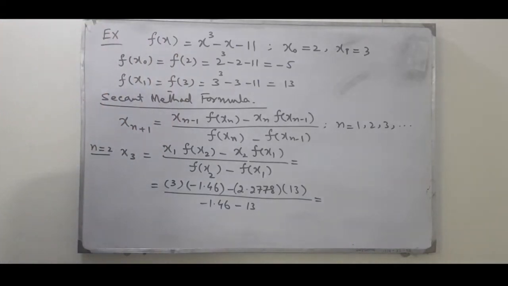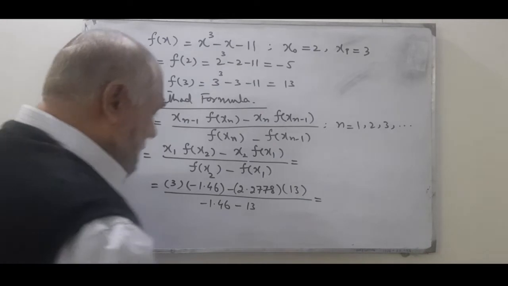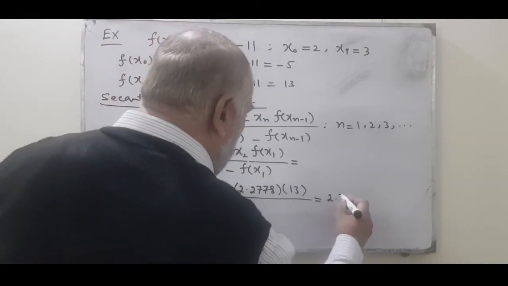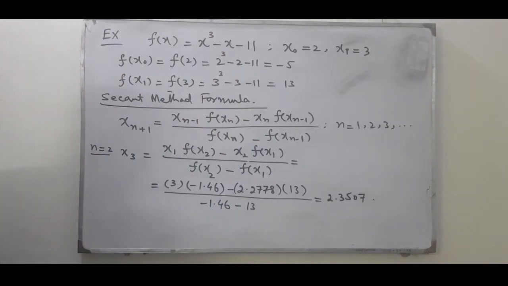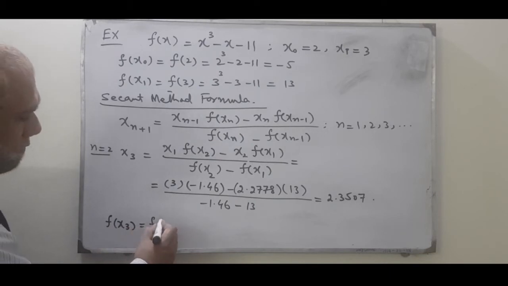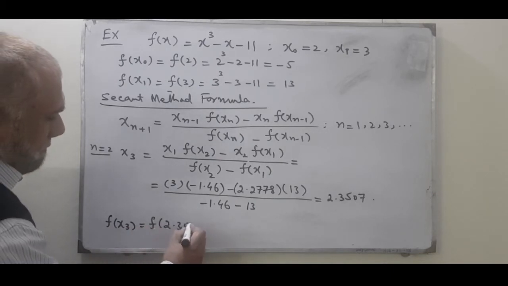Now you can simplify it. The result is equal to 2.3507. Then you have to calculate the function's value at the new approximated root, which is 2.3507.